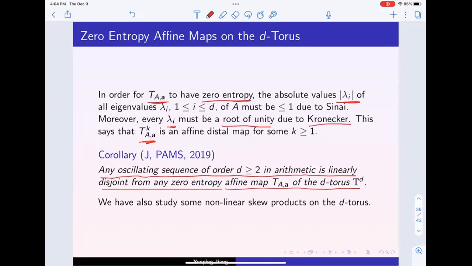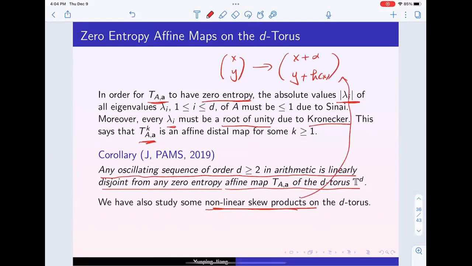Then again, you want to study so-called nonlinear skew products. Usually here is (x, y) on the D torus, and you get a map (x + alpha, y + h(x)), where h is a continuous map. That's what we call the skew product. For skew products where h is analytic, Sarnak and another person already started this and showed it is linearly disjoint with the Mobius function.